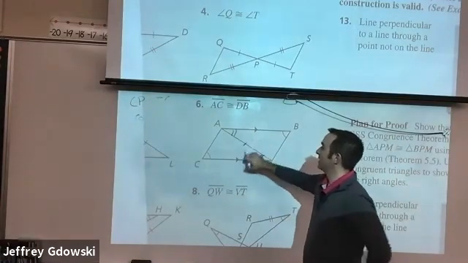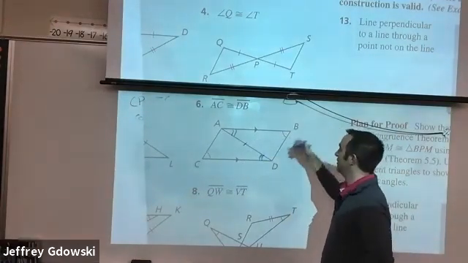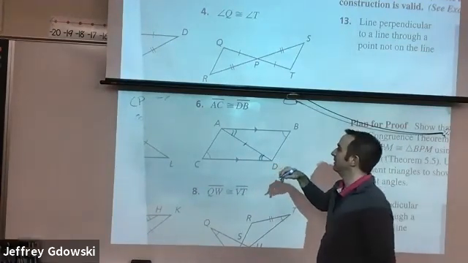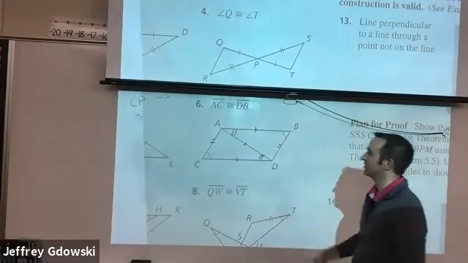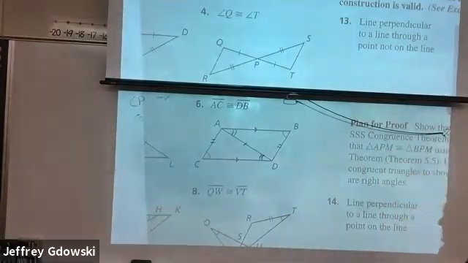So yeah, once we get those triangles congruent, now it's simply CPCTC. Because these triangles are congruent, I can say that those two corresponding parts are congruent. So AC and DB are congruent. Okay. All right, any questions on that?